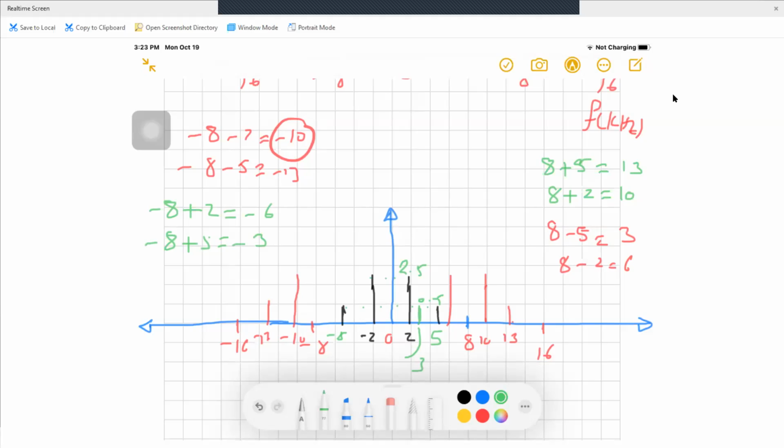This will be at -3, and we have another component at -6. Okay, this is for the second convolution, I mean with -8.